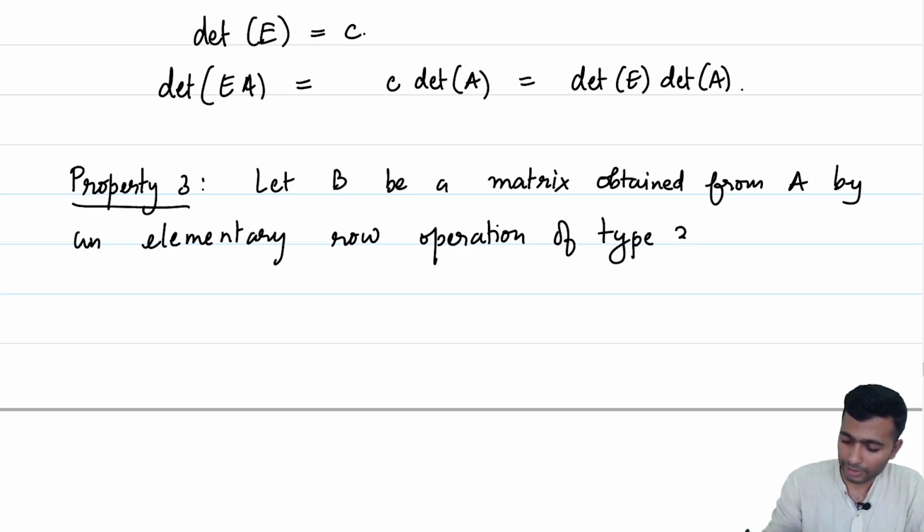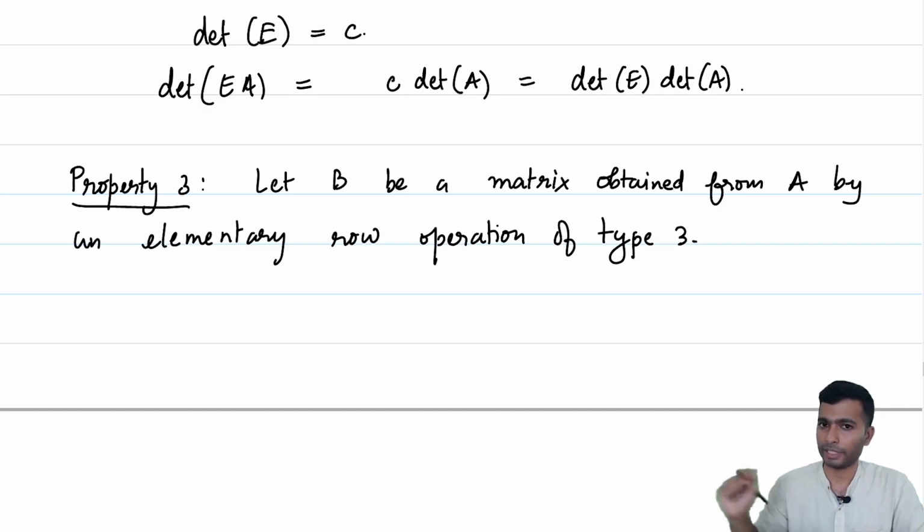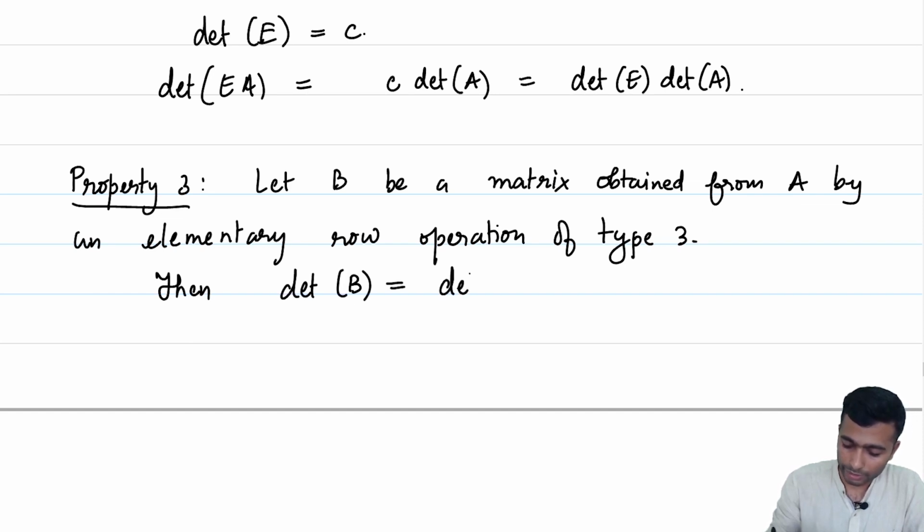So, let me not write down the details. There is an i and a j, and there is a scalar C. Row j is replaced by row j plus C times row i. Then determinant of B is equal to the determinant of A.